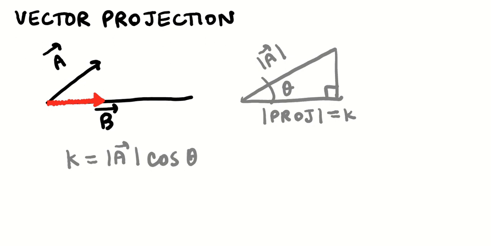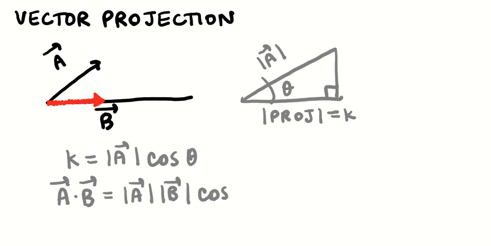But I also know that A is part of a vector and B is also part of a vector, and we've got this formula that relates the dot product to the angle between two vectors. So what I'm going to remind you is that A dotted with B is equal to length of A, length of B, cosine theta. But I'm interested in length of A cosine theta.